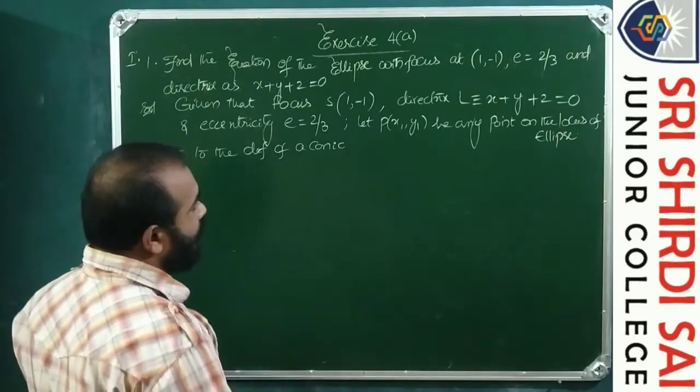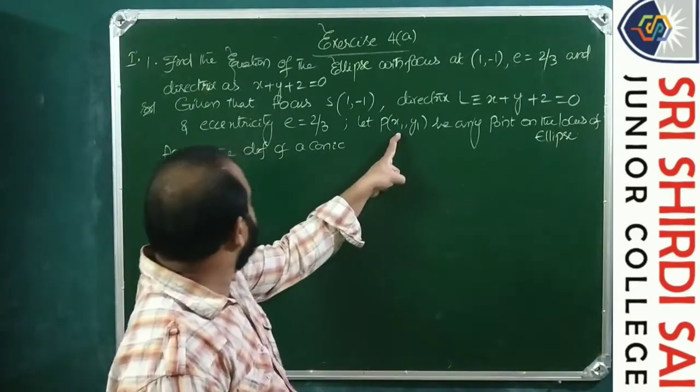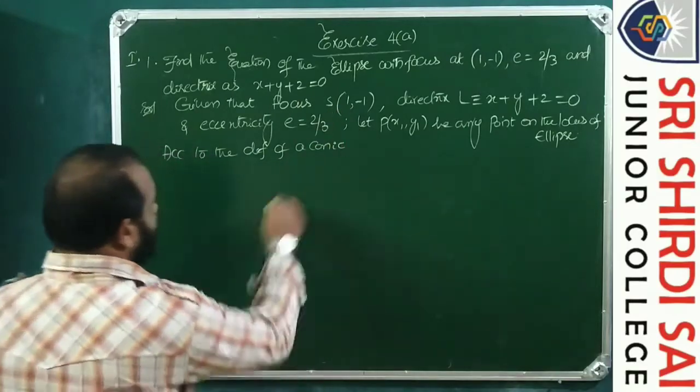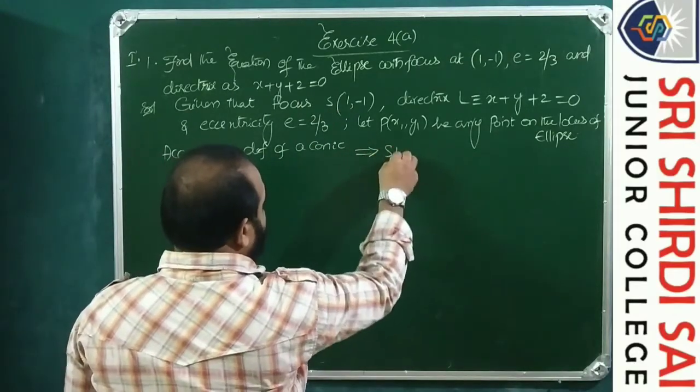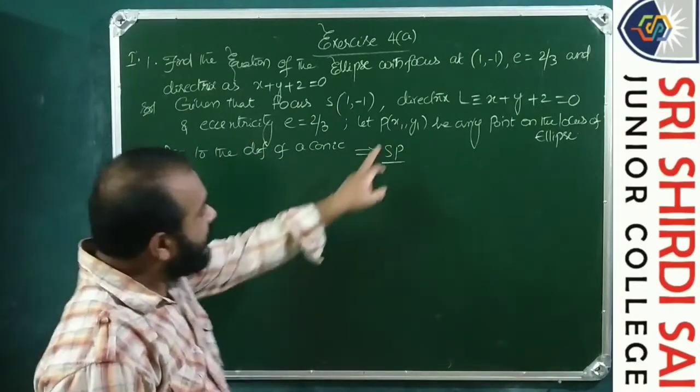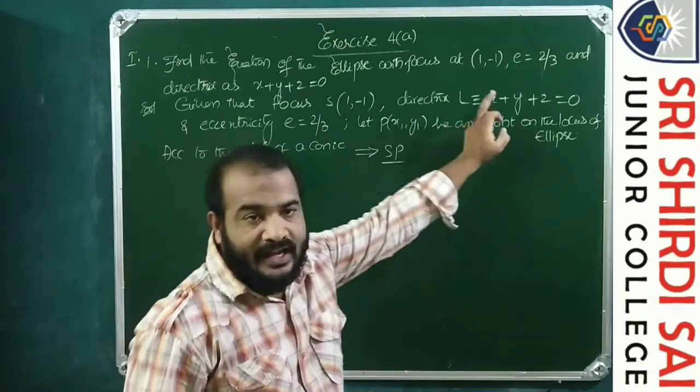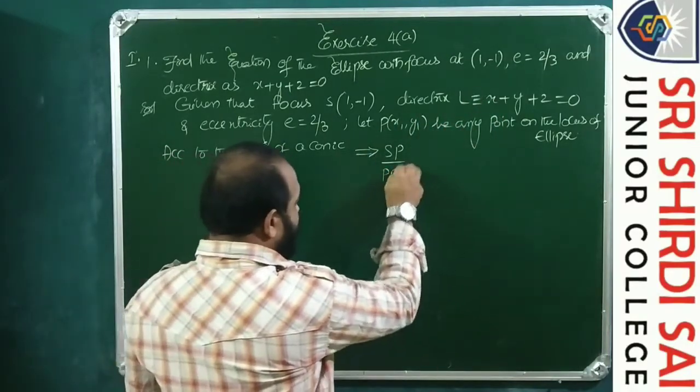According to the definition of a conic, its distance from a fixed point, SP, divided by its distance from a fixed line, PM, is equal to e.